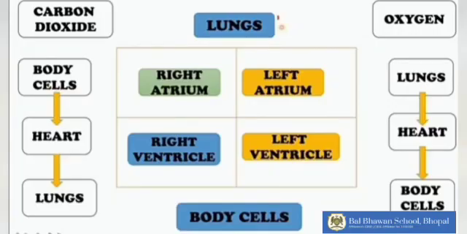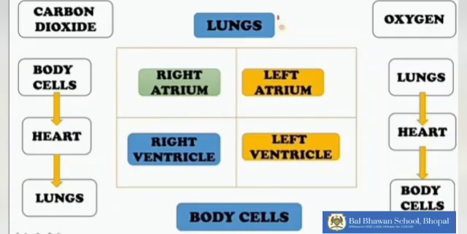Now let us see the same thing in a simple form. Just look at your heart. Can you look at the heart? The 4 chambers: right atrium, right ventricle, left ventricle. Alright. Then you can see the lungs. Then you can see the body cells. Now look at the right side of the picture. Right side means right side of the heart. It is carrying what? Carbon dioxide rich blood. It is coming from the body cells.